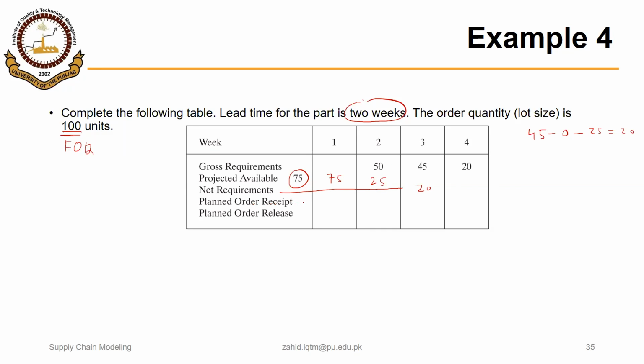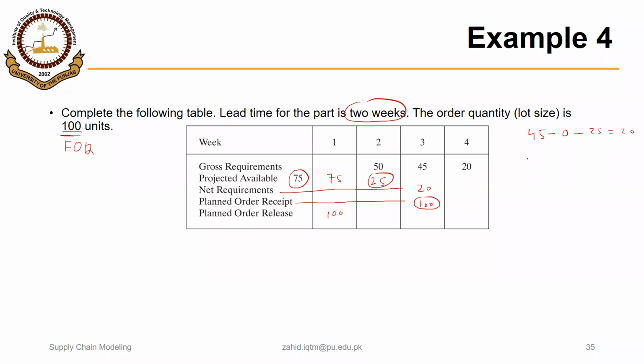So we need a planned receipt here as per the lot size, that is 100. Lead time is 2 weeks. So we have to place the order at the beginning of week 1. So 25 in inventory plus 100 planned order receipt is 125, minus requirements of 45.